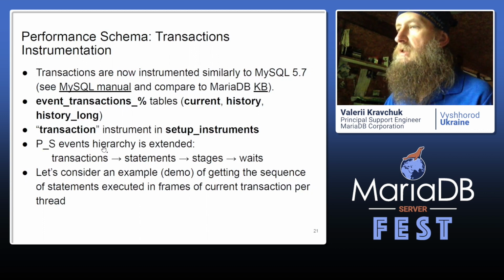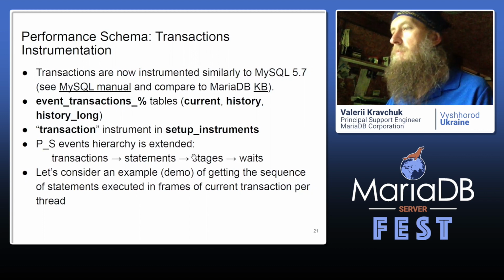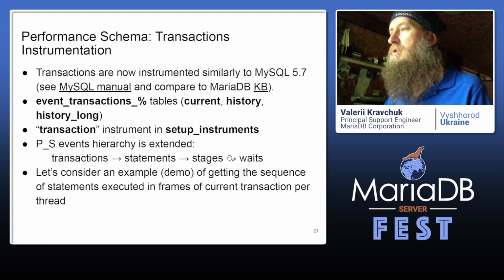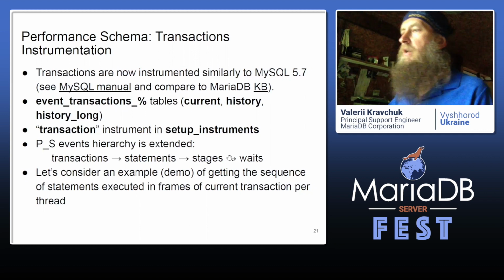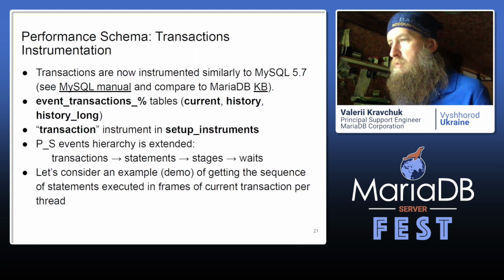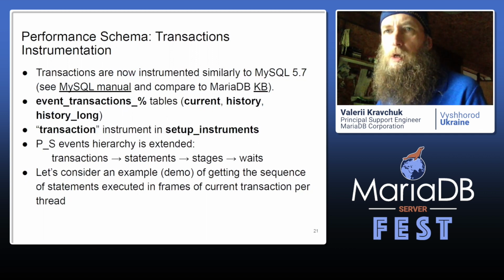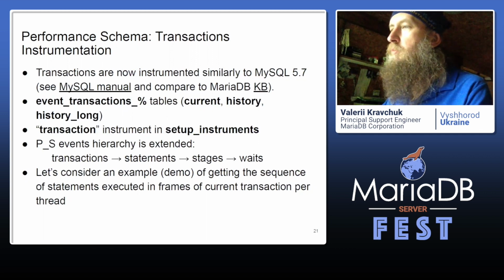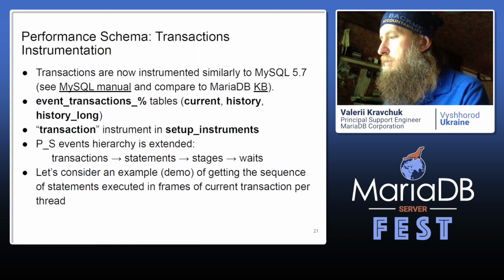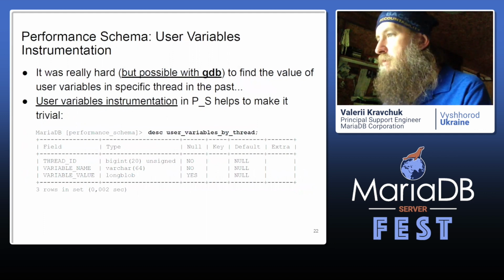So we have transactions consisting of statements. Statements are executed in stages, and each stage may have to wait for several events or specific waits. I will not show the demo now because I'm a bit out of time. I hope to present a link to the blog post while this session is going live in comments.